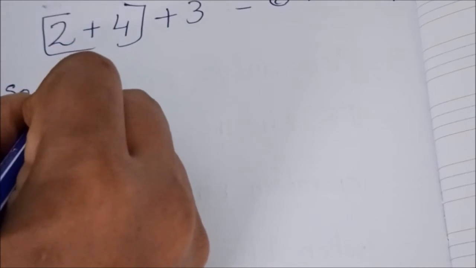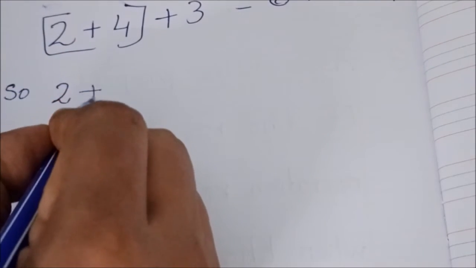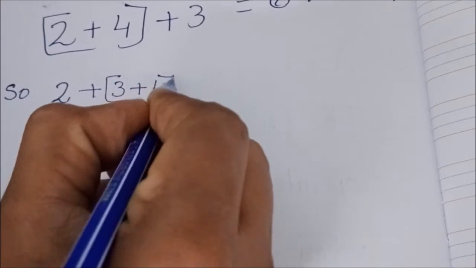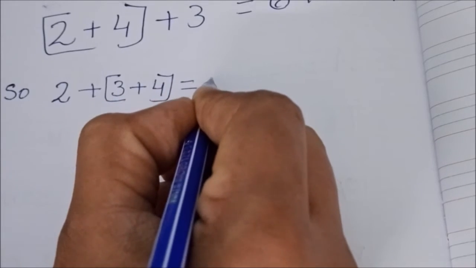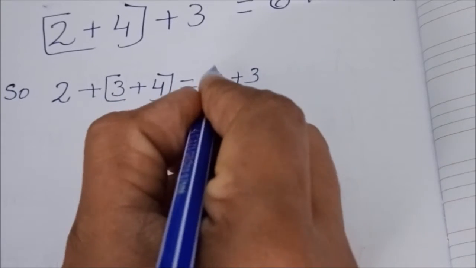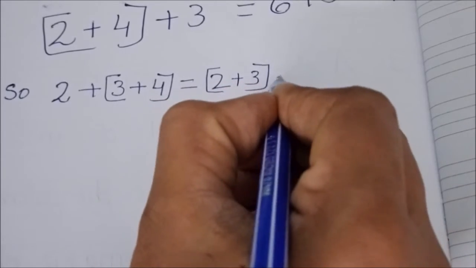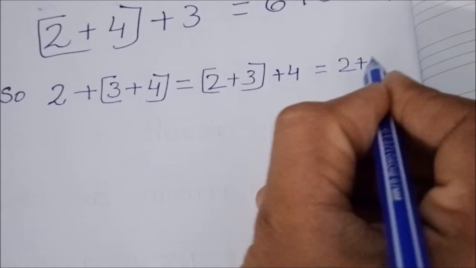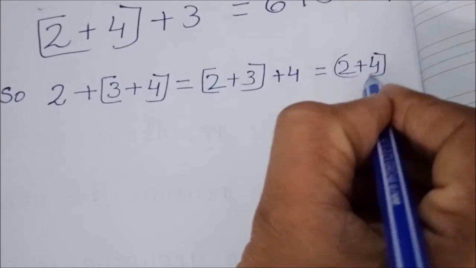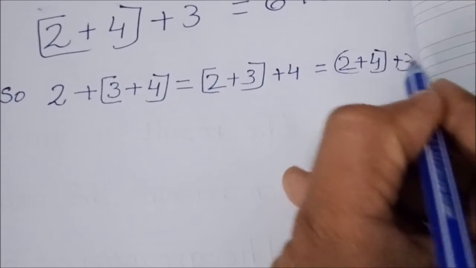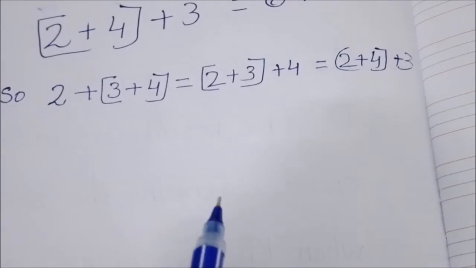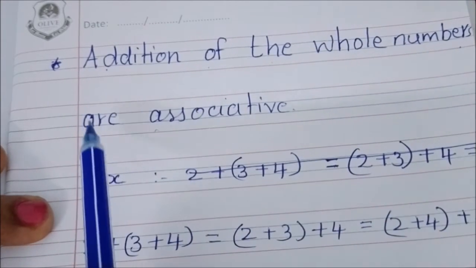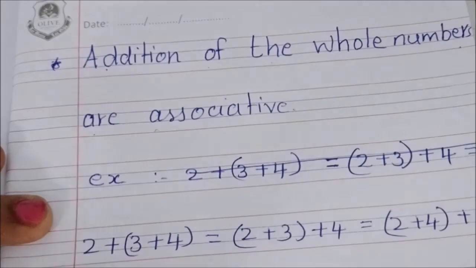So, 2 plus 3 plus 4 is equal to 2 plus 3 plus 4 is equal to 2 plus 4 plus 3. Got it? Which means addition of the whole numbers is associative.